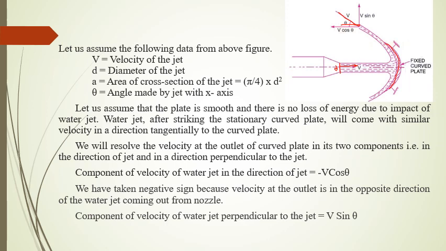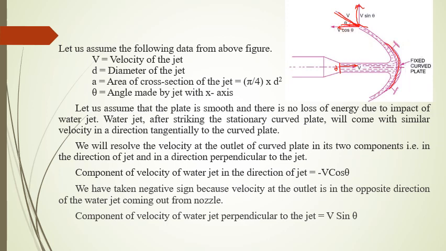When the water strikes the plate, the velocity component at the outlet of the jet is tangential to the curved plate. Like this. This is the tangential direction to the curved plate. Resolving the components of velocity in the direction of jet and in the direction perpendicular to the jet: the velocity component in the direction of jet is v cos theta.